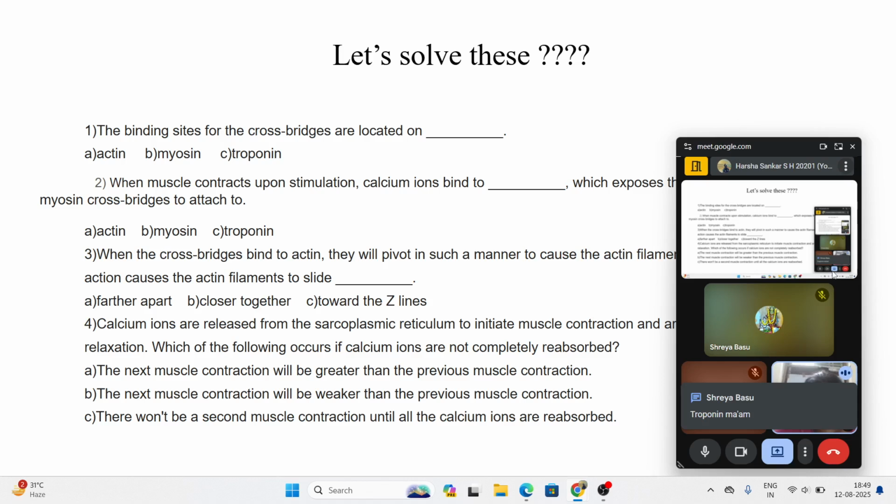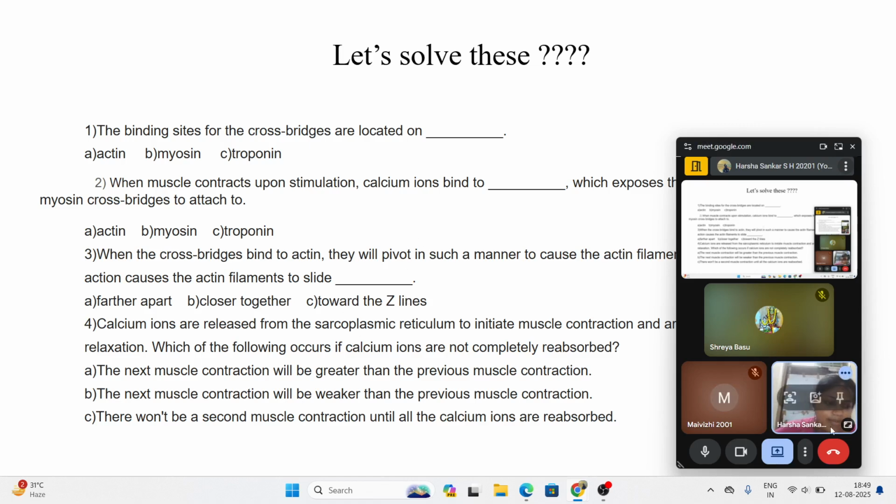Is it troponin? Yeah, good. Can you say which subtype of troponin it is? Any idea?